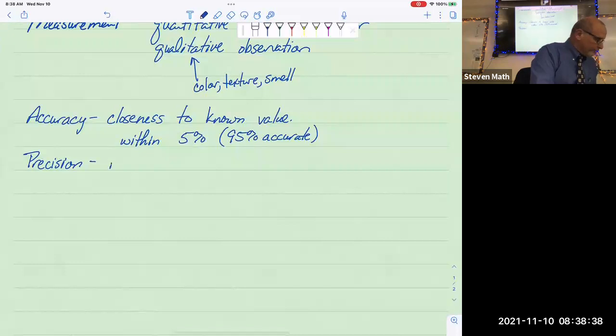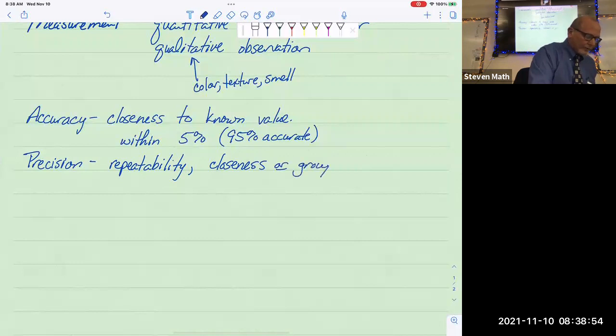Precision is easier. Precision is repeatability. In this case, it's the closeness or grouping of values.